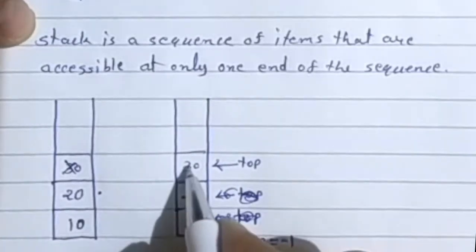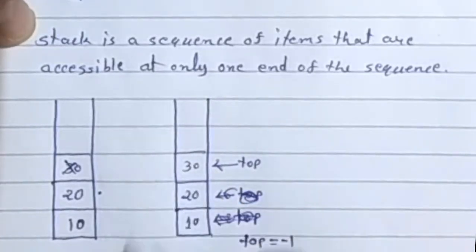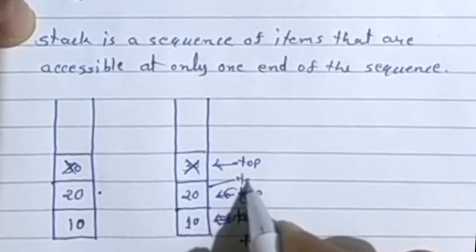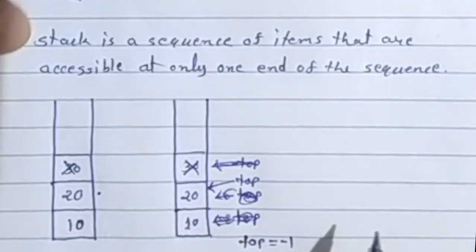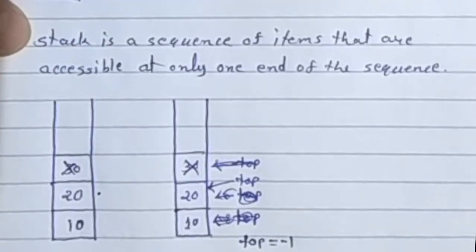Now for example if we remove 30, this top will be decreased and now this one will become top. So once we add element, top will be increased. Once we remove element, top will be decreased. So stack has limitation that you can add or remove element from only one end. Another end will not be used for that.